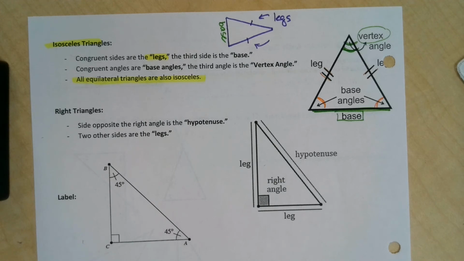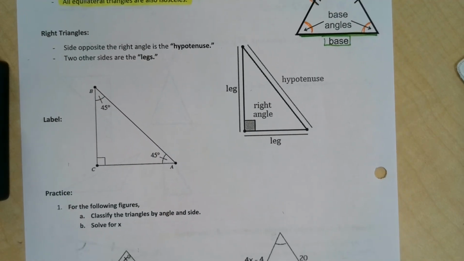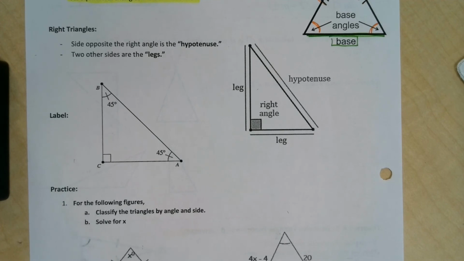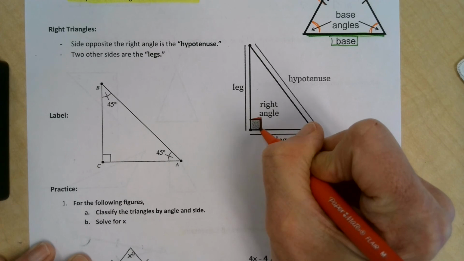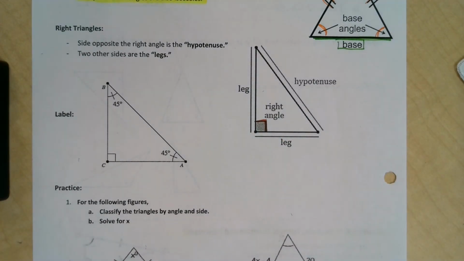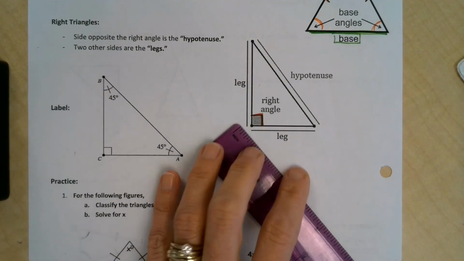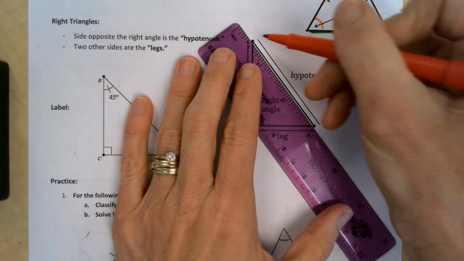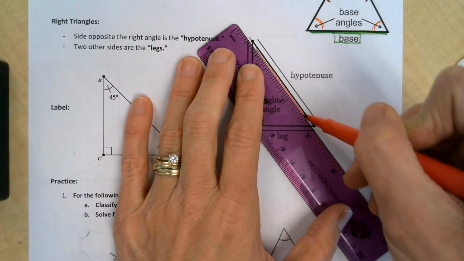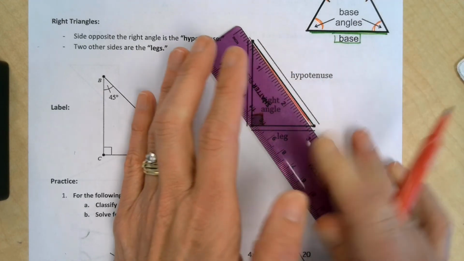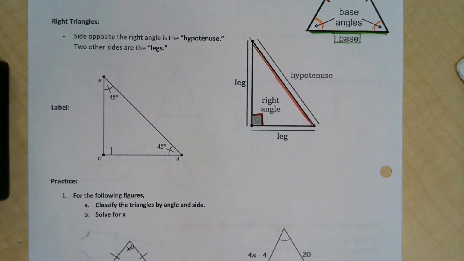All right. Right triangles. You have a right angle, and the side opposite the right angle is always going to be the hypotenuse. In a right triangle, the right angle is the biggest one, so the hypotenuse is always going to be the longest side.